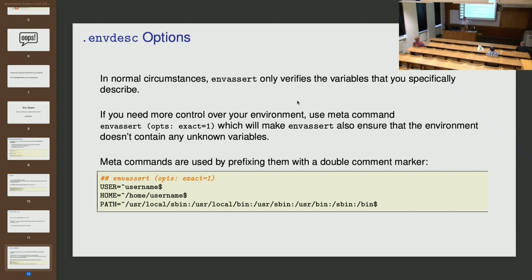And this will then make Assert ensure that the environment also does not contain any unknown variables. The meta commands, of which there is currently only one, exact, can be used by prefixing them with a double comment marker. This is the same way as what we use also with Perl Critic. So double hash, and then giving the name of the command.